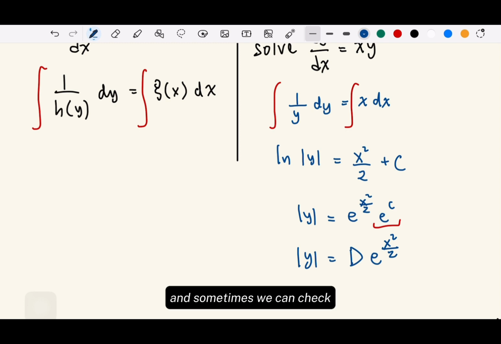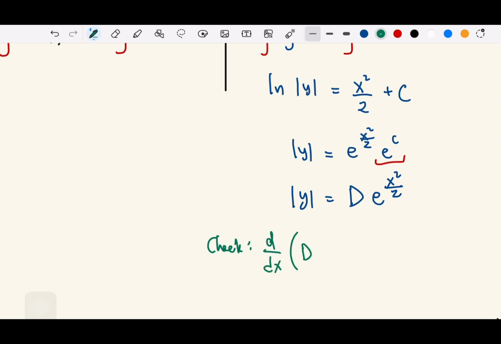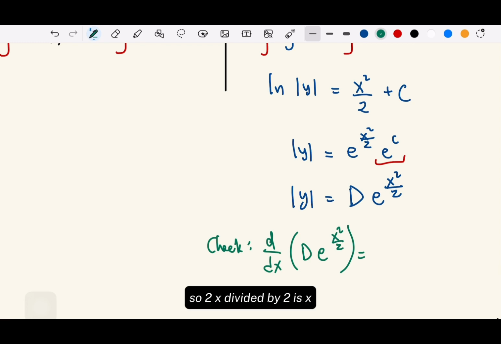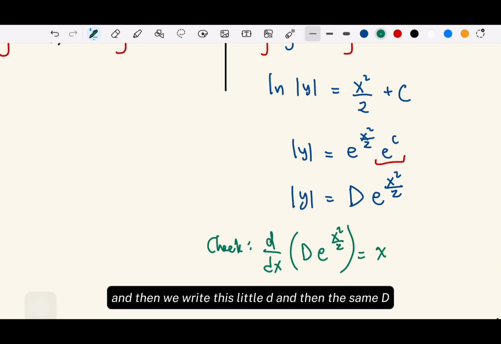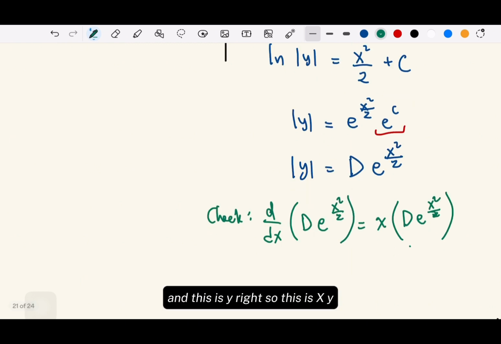And sometimes we could check the solutions by just deriving and see if it fits with our equations. So if we check, so 2x divided by 2 is x, and then we write this is still d, and then the same e, okay, and this is y, right?